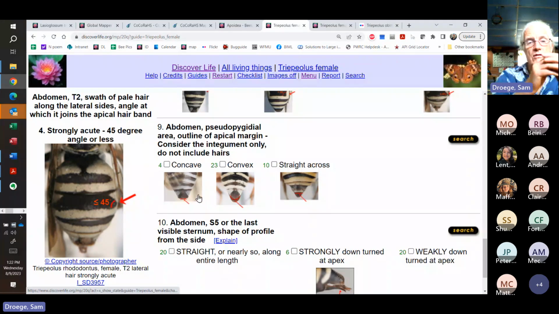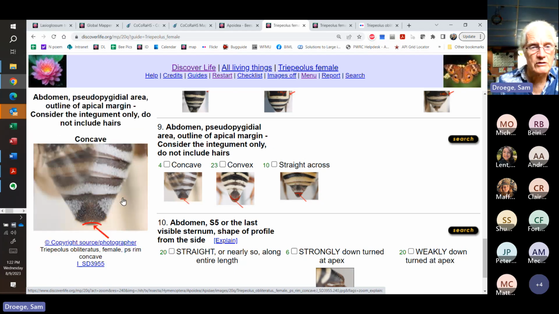Okay, now we get to a feature that a few bees have, but Triepeolus is maybe the queen of pseudopygidial areas. By pseudopygidial area, I'm talking about the last segment of the female in this case.